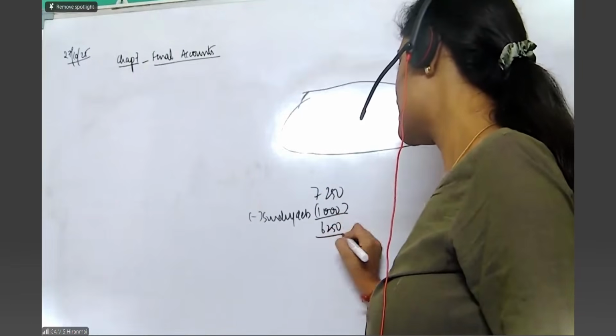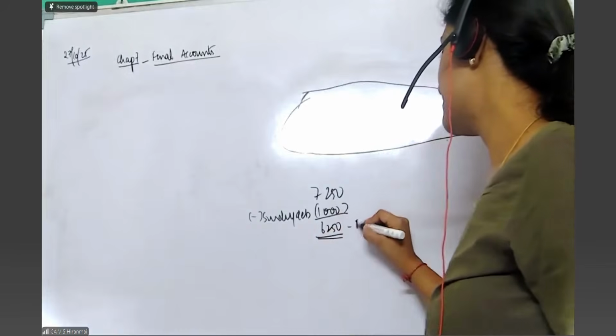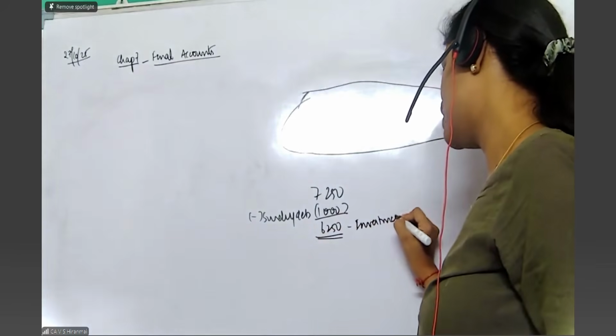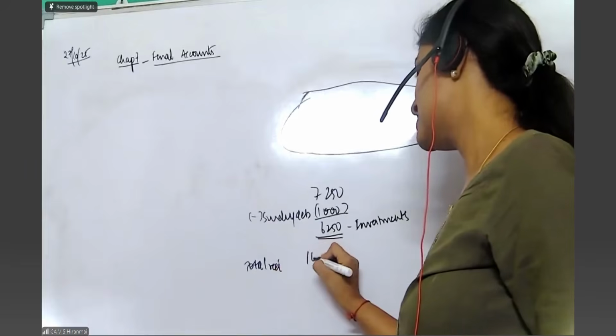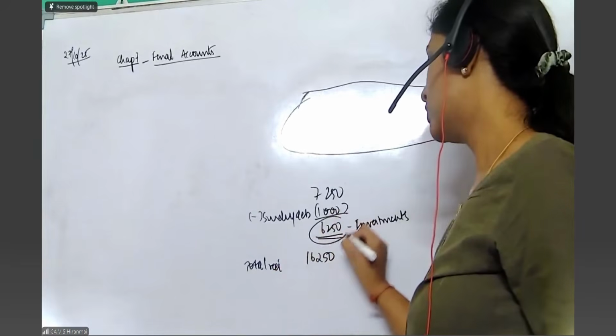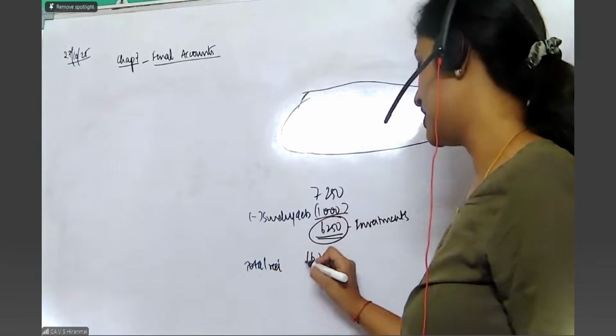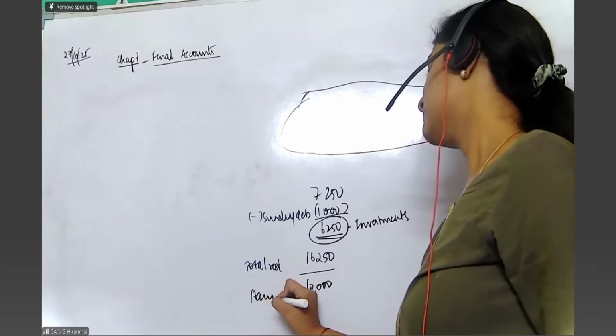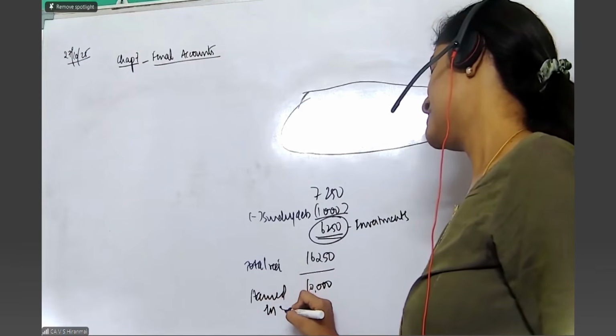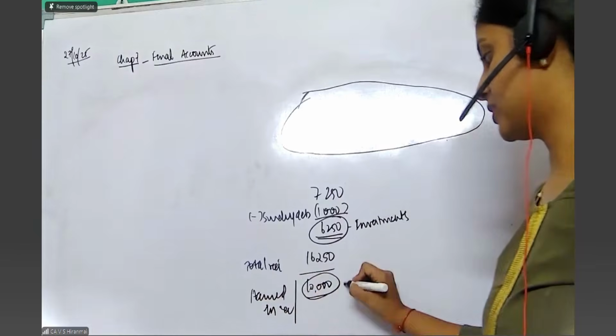So remaining 6,250 is received on account of investments. But actually, how much is the total receivable? You have to receive 16,250, but only received 6,250. So if you subtract, 10,000 is the accrued interest receivable.